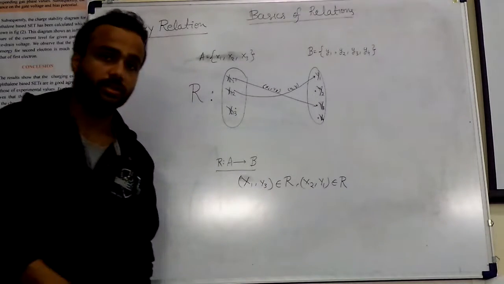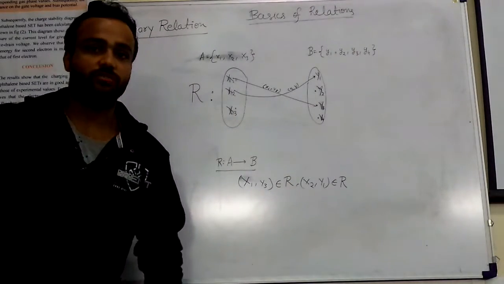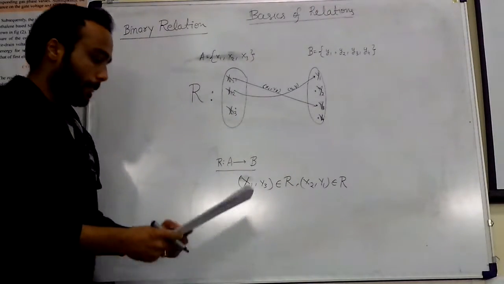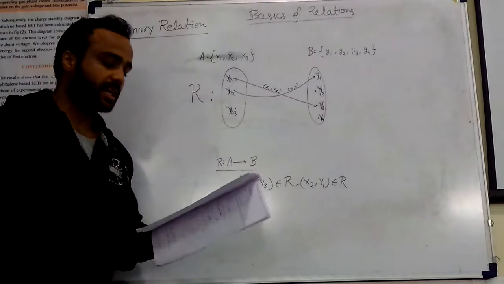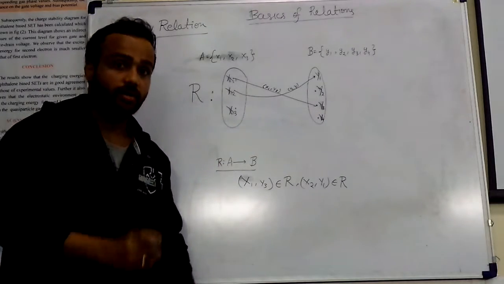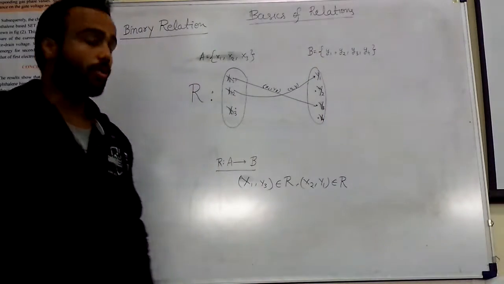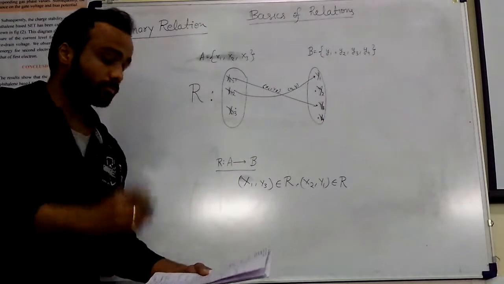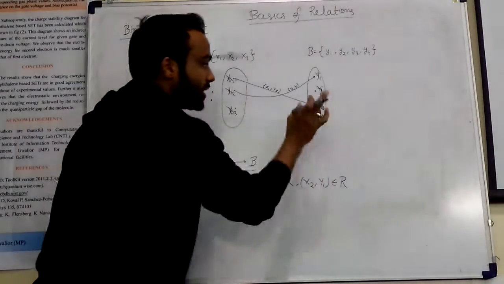It's a sequence, and it's also a sequence, meaning R contains a set of sequences of length 2. So mathematically defining it, if some elements of A are associated with some elements of B, then we call that there is a relation R from the set A to set B.